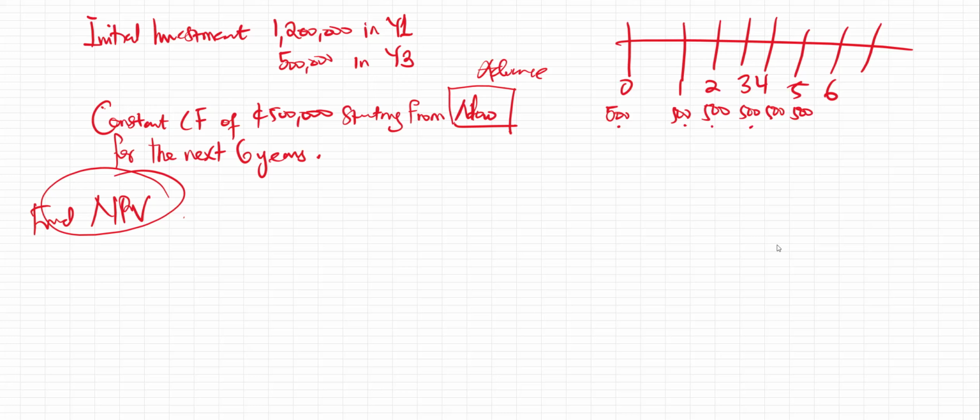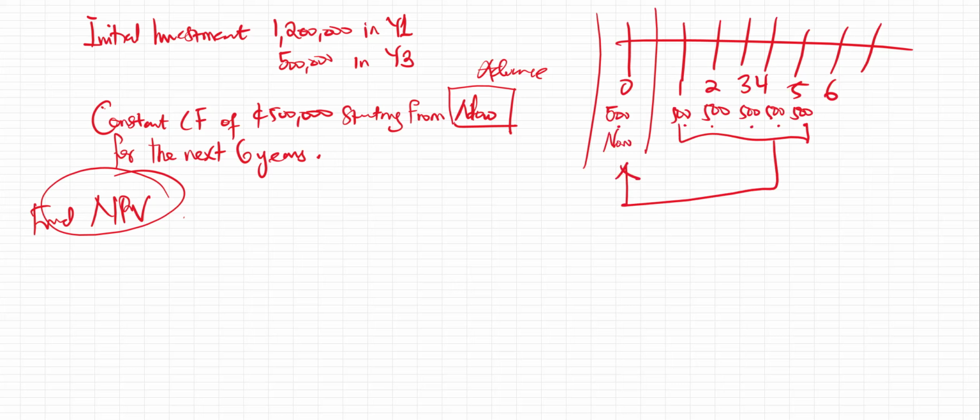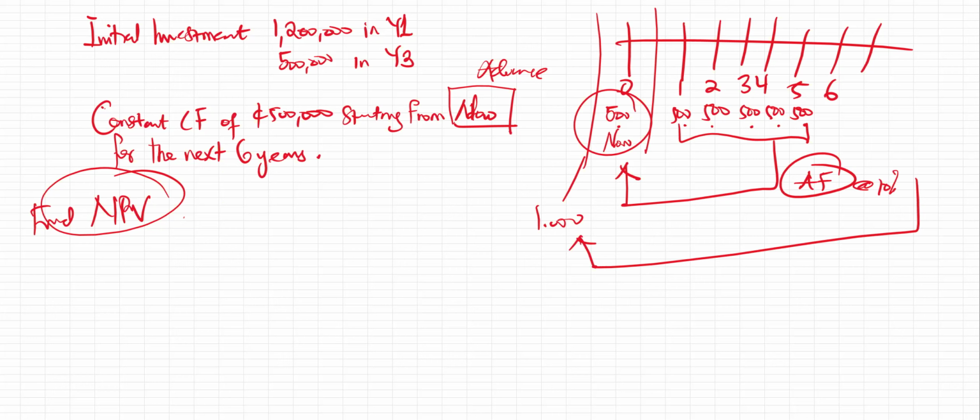That means if I draw a line between here, 0 is on its own, which is now. All the rest are not in now, so I have to bring all this to now. Now will be on its own because this discount factor is already 1. Then for these ones, you find the annuity factor for 5 years at 10%. When you get it, you come and add it to the 1. That's all. Did it make sense?